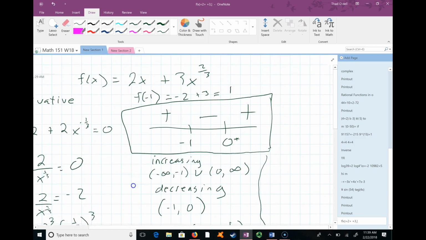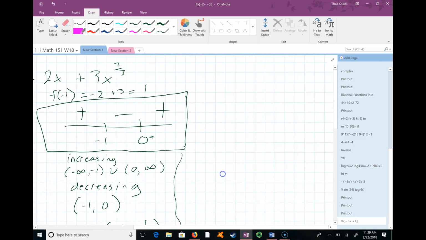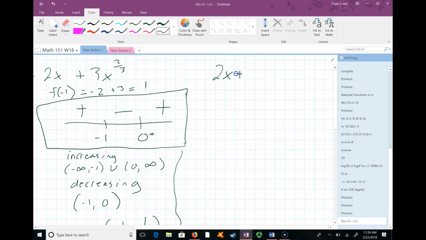So we go back up to the original function, and we set 2x plus 3x to the 2/3 equal to 0. Now obviously 0 is going to work there, which we already knew. But if we can factor out an x to the 2/3, which is maybe kind of a weird thought for some of you, that would leave me with 2x to the 1/3 plus 3 equals 0.